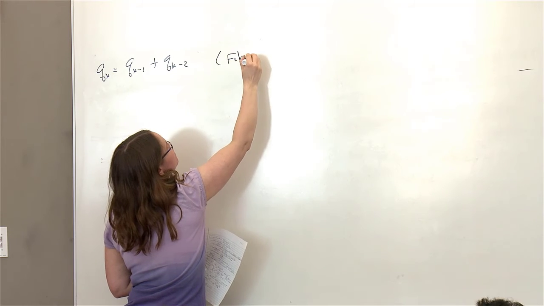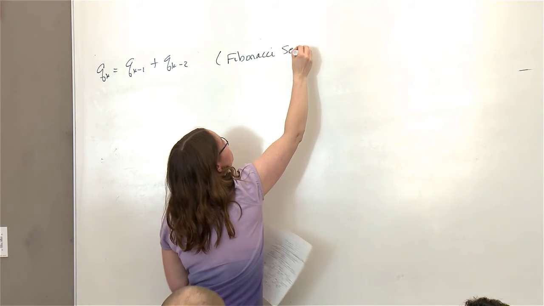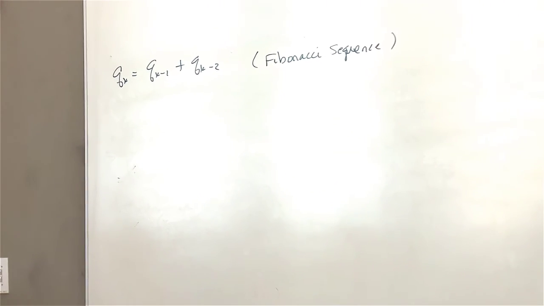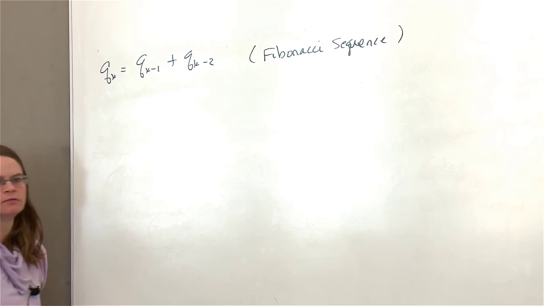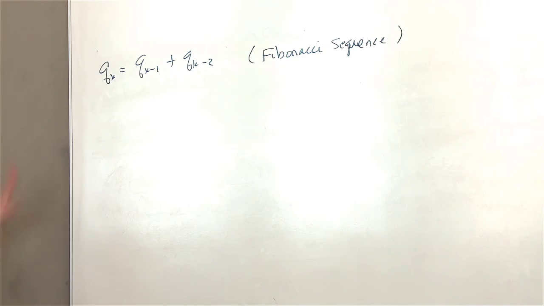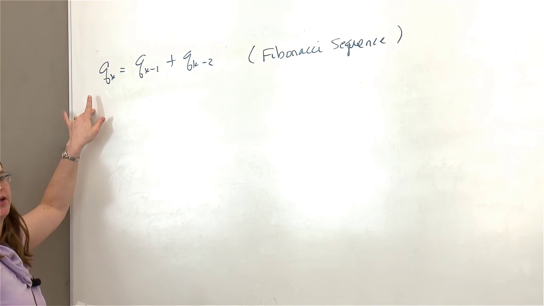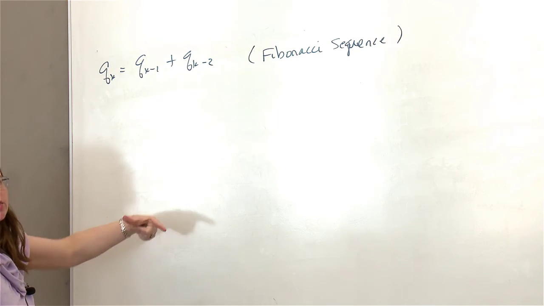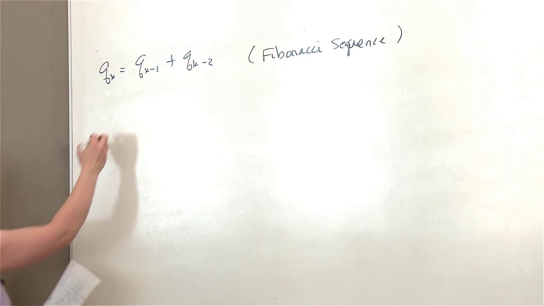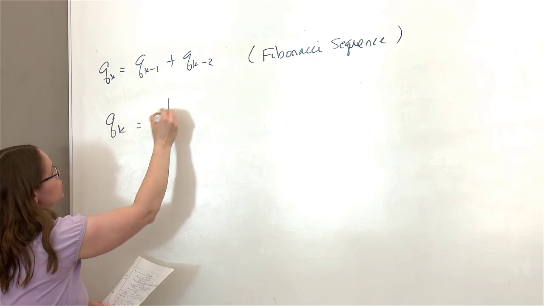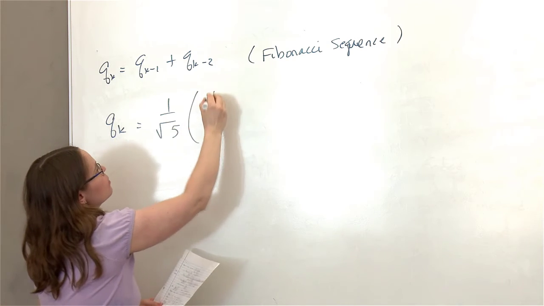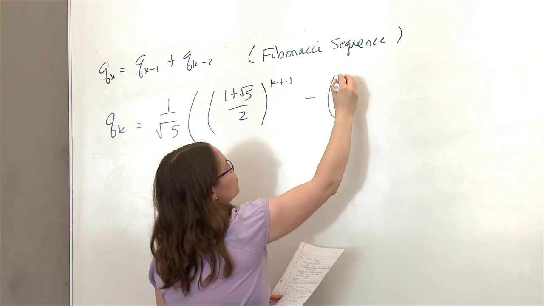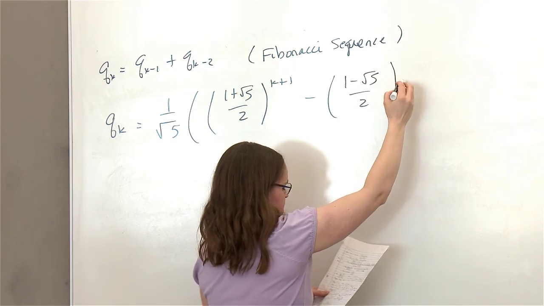It's a Fibonacci sequence. We do what we did last class or the class before, whichever it was. We say we have a recurrence relation. We can look for solutions of the form beta to the k and solve for beta. Remember we did that? We got two solutions for beta, and we took a linear combination. So if we do that here, we get q_k is equal to 1 over root 5, times (1 plus root 5 over 2) to the k plus 1, minus (1 minus root 5 over 2) to the k plus 1.